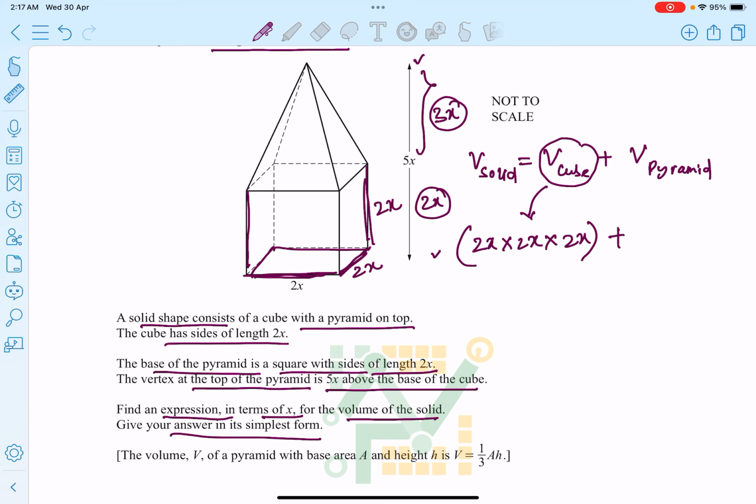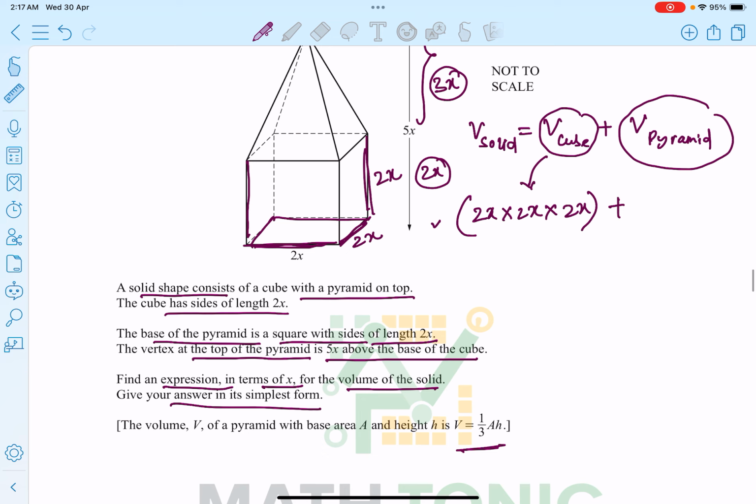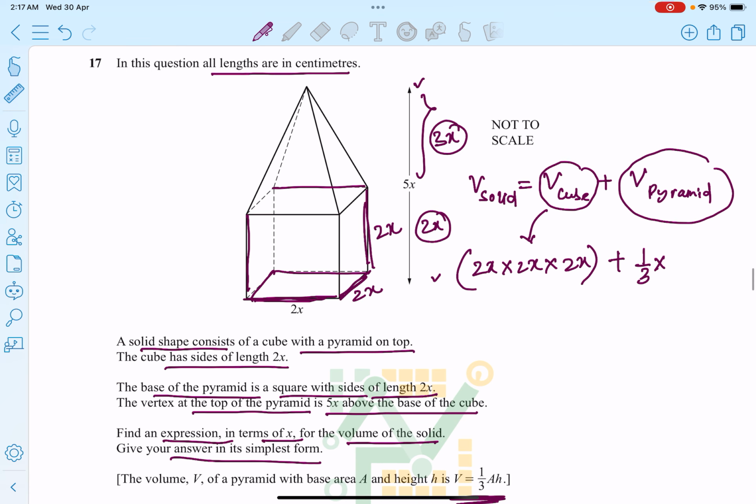Plus, what is the volume of the pyramid? The formula is given here: 1 over 3 times the base area times the height.